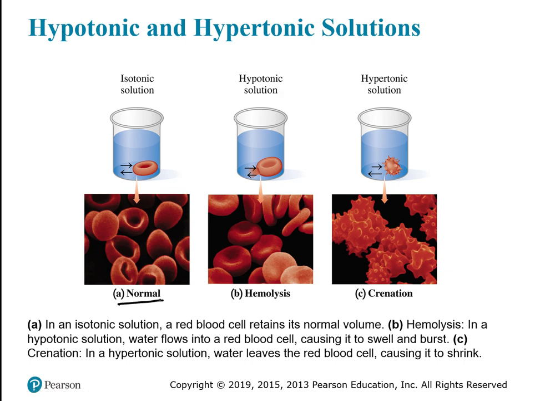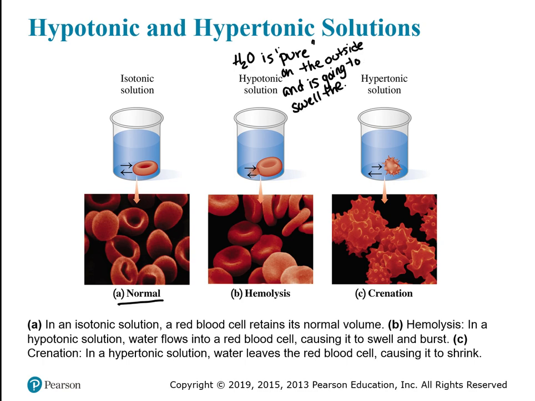But if we put a red blood cell into a hypotonic solution, what that means is the water is pure on the outside, and is going to swell the red blood cell.